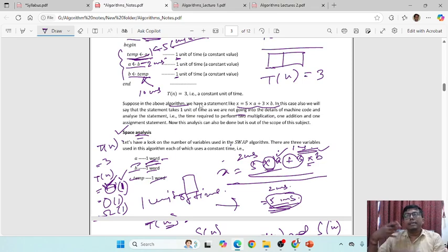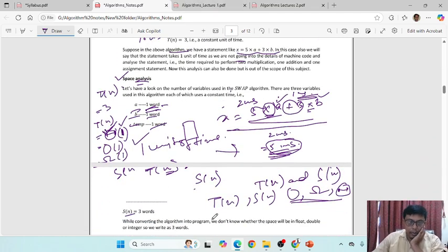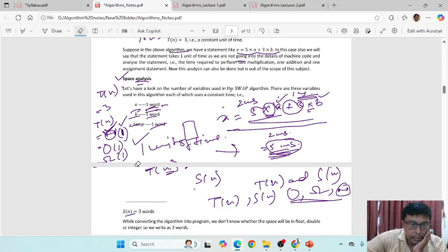If you are representing the time and space function as a lower and upper bound using the asymptotic notation, a constant is generally represented by 1. Similarly, Sn also is 3 words, which again is a constant.